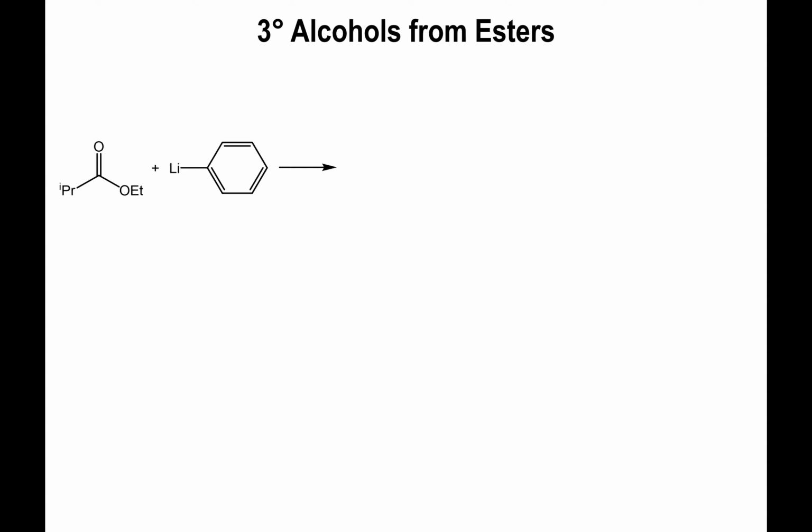So here I have phenyl lithium being treated by the following ester. So phenyl lithium will attack the carbonyl carbon. Those two sets of electrons will be pushed back to the oxygen, giving you a lithium alkoxide. And now we have this situation that you may recall already of having two carbon-oxygen single bonds.